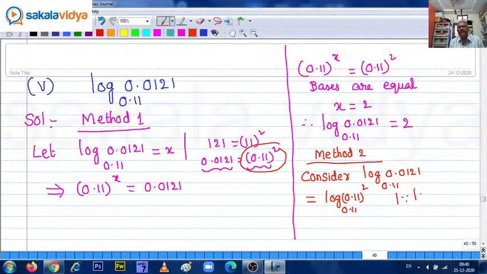We have the formula: log m to the power of n to the base a is n times log m to the base a. This is 2 times log of 0.11 to the base 0.11. This is 1. 2 into 1 is 2. Answer is 2.